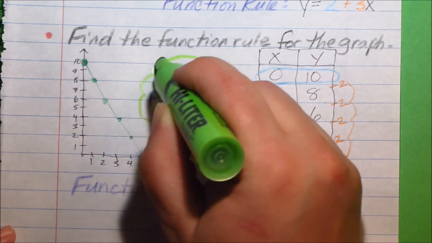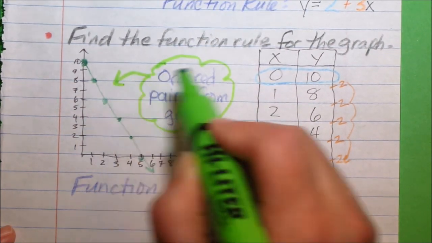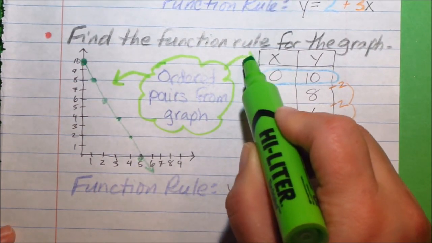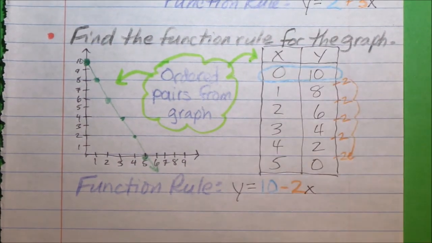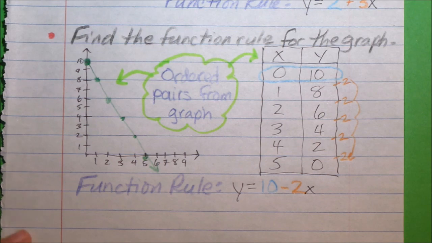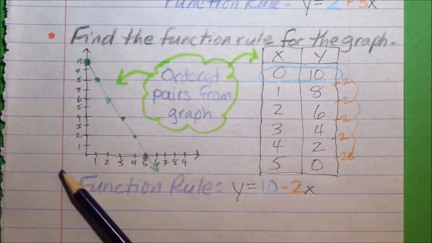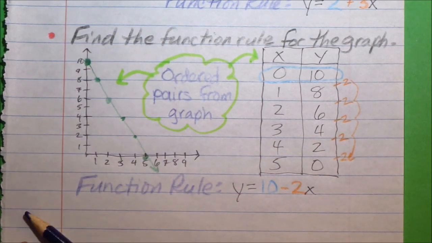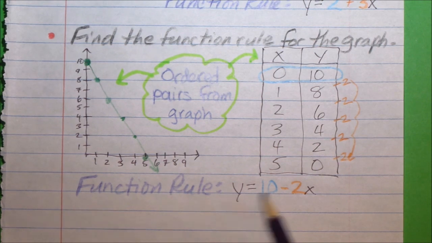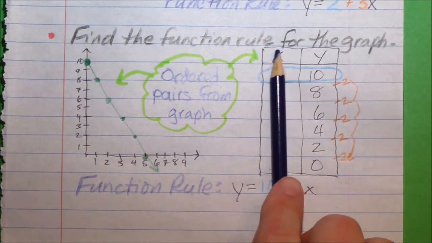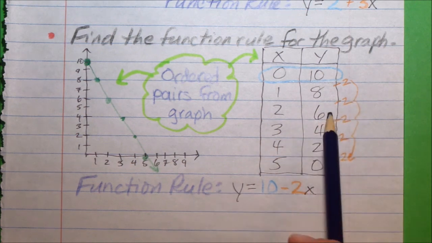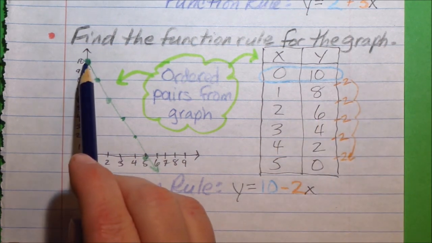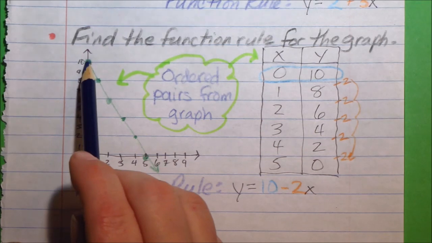Came from the points on this graph. I know I made it really quick just so that it would be quick. But when you see this graph all by itself on your worksheet and you're asked to create a function rule, you can set up a very simple input-output table and write, okay, what is the ordered pair for this one?